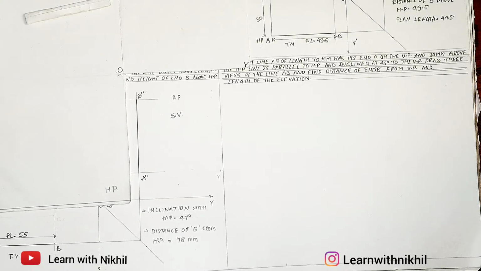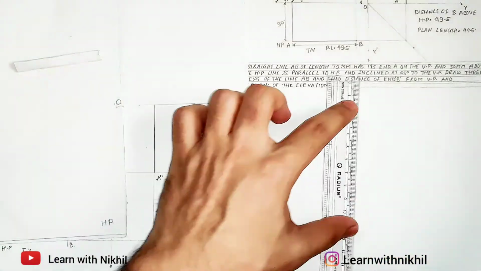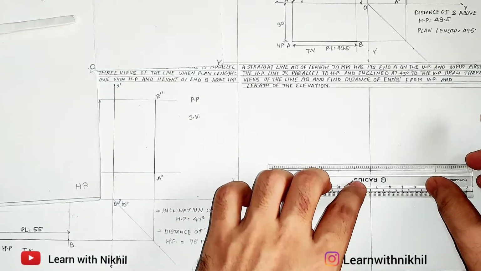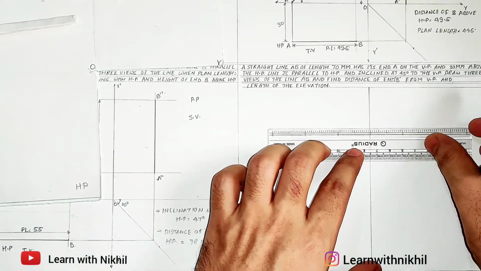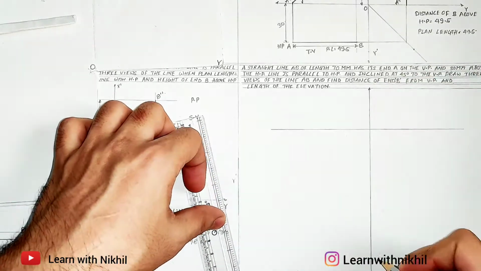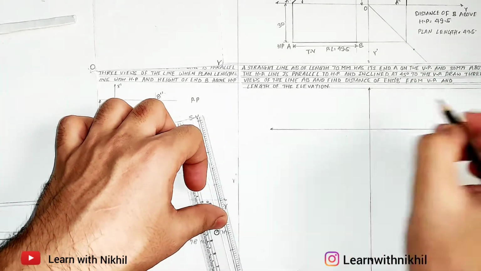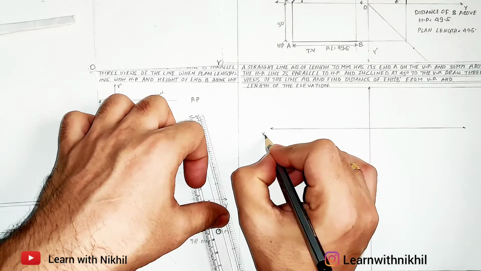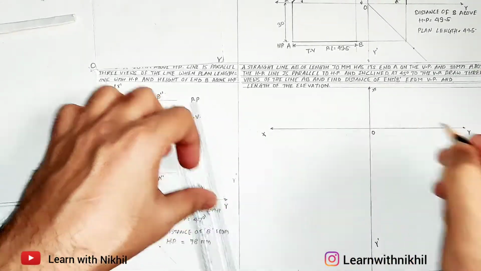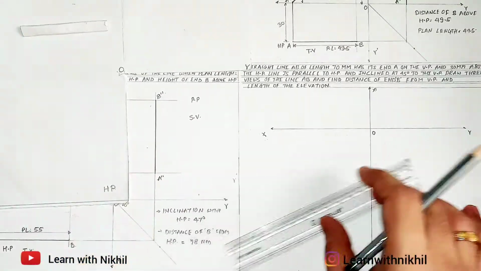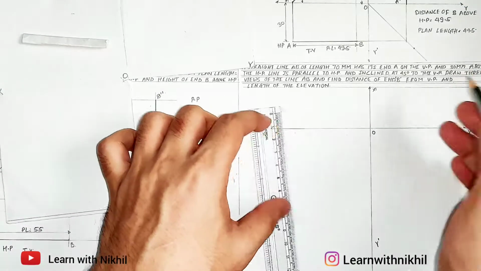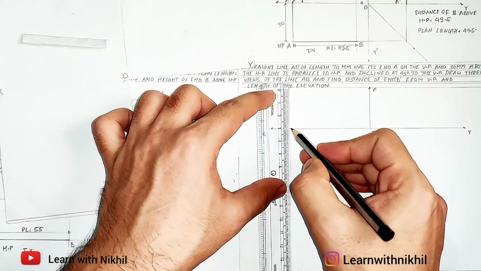So for drawing, first we'll draw the axis: a straight vertical line and a horizontal line through it. Now we want more distance on the bottom side, so I have kept more distance. You can arrange your page accordingly. Now the front view, you know it is at a height of 30 above, so I'll mark a point 30 above.